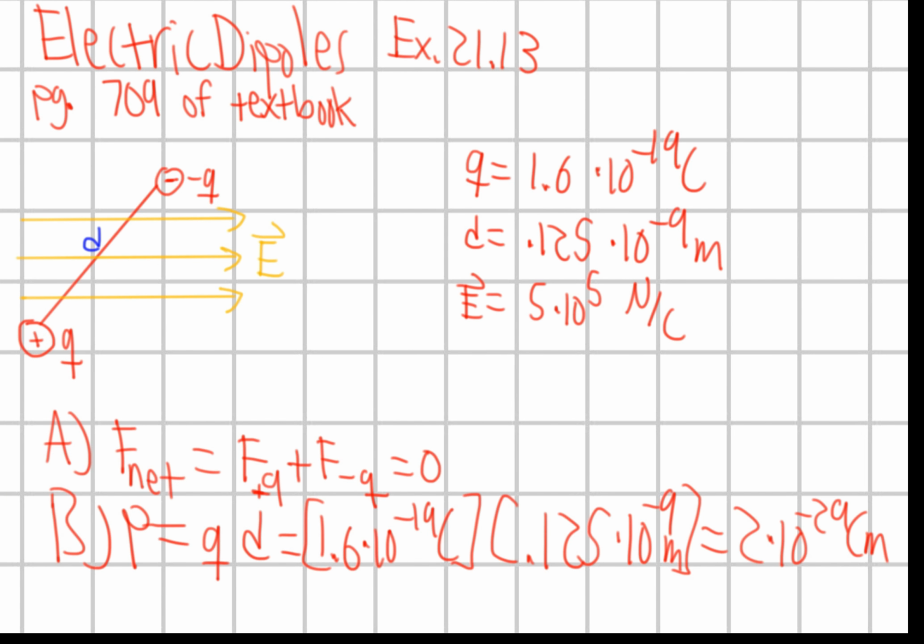So after we do that, we have to find the direction of the electric dipole moment. The electric dipole moment is measured in reference to both the direction of the electric field and the orientation of the dipole. A dipole, as a general standard, is always measured from the negative charge to the positive charge. So our dipole moment, let's set up this thing over here, will go in this direction.